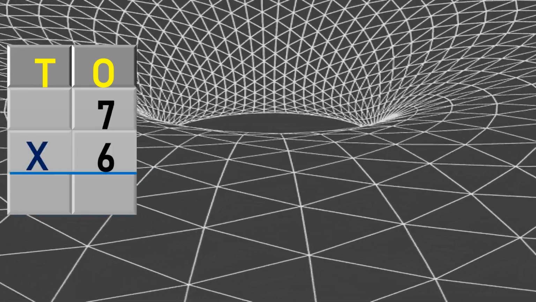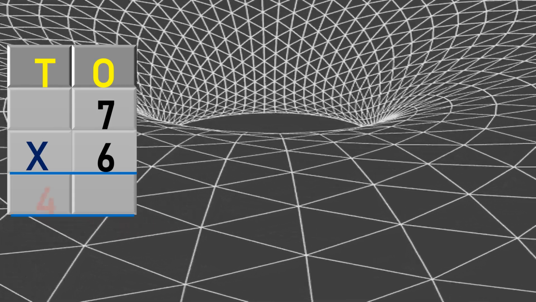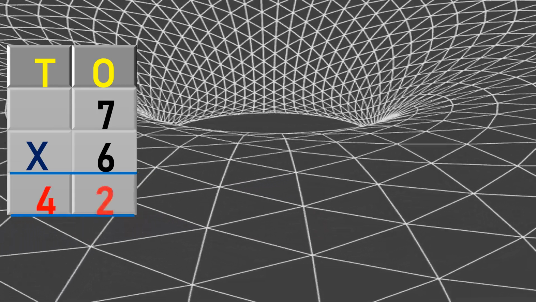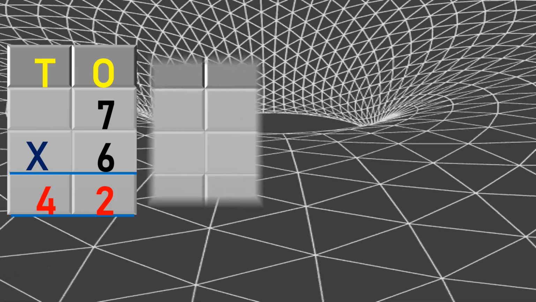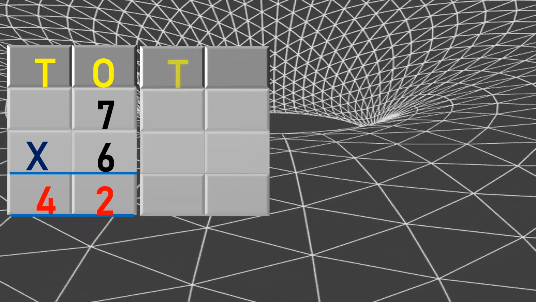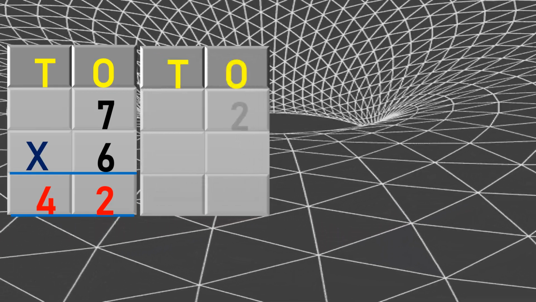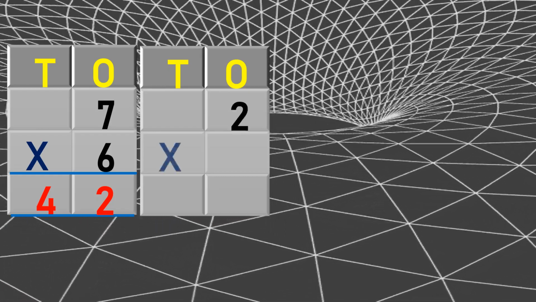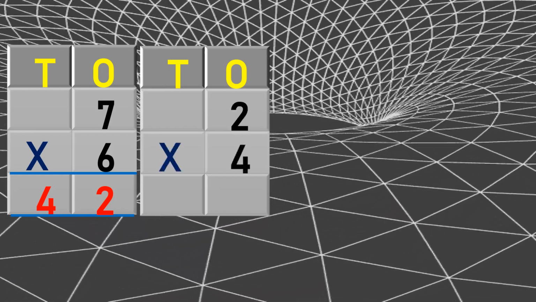So 7 sixes are 42. 2 into 4. So 2 fours are 8.